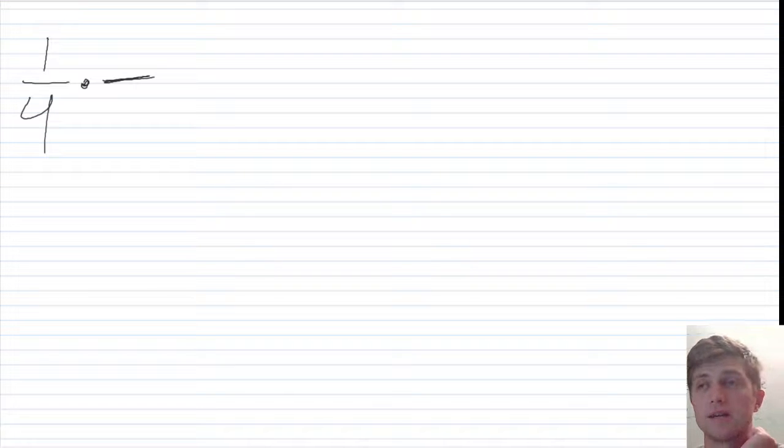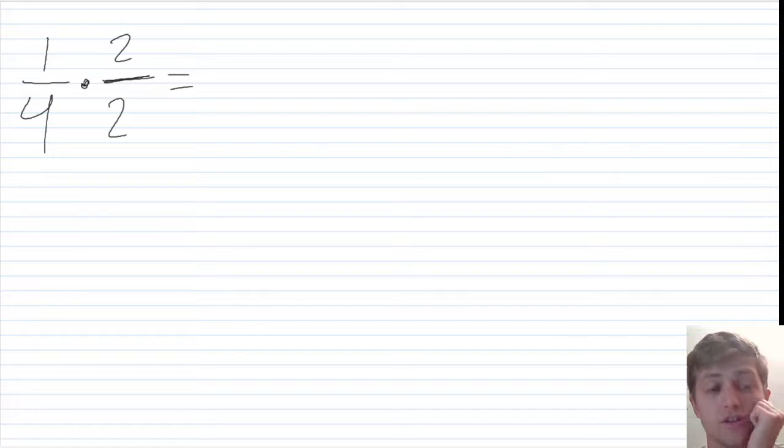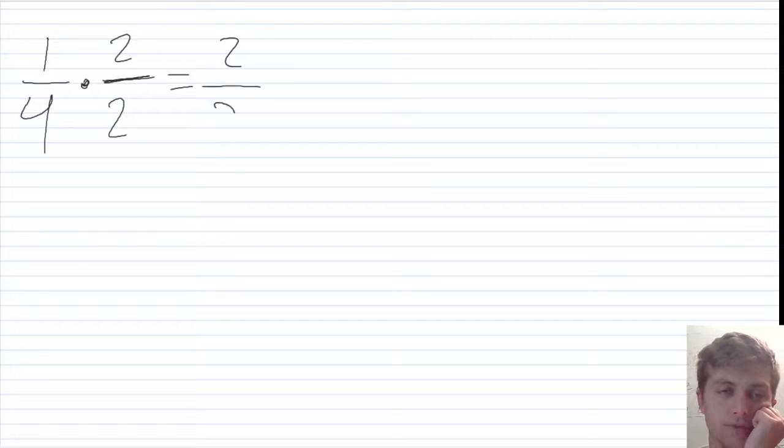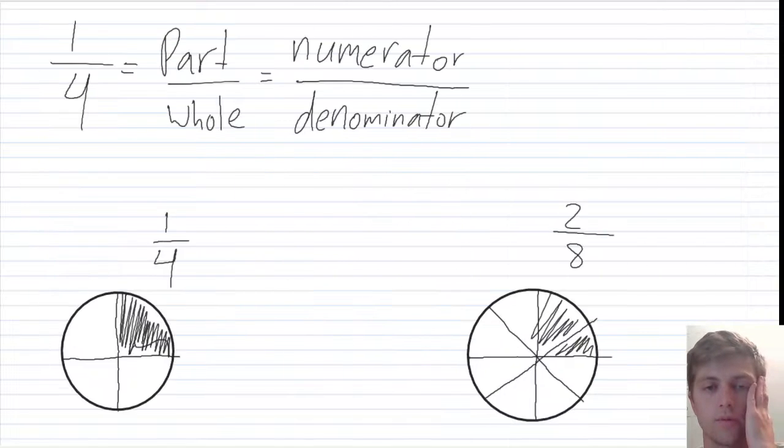So let's take, for example, 2 over 2. If we multiply 1 over 4 by 2 over 2, remember for multiplication of fractions, we just go across. 1 times 2 is 2. 4 times 2 is 8. Look at that. We found our 2 over 8, which we already know we've been working with.